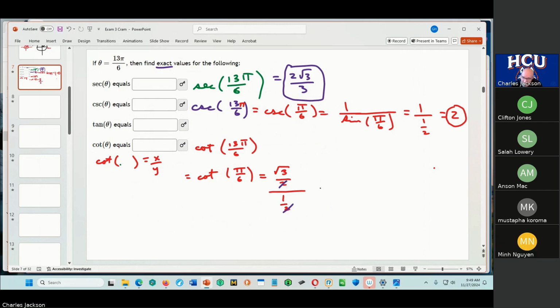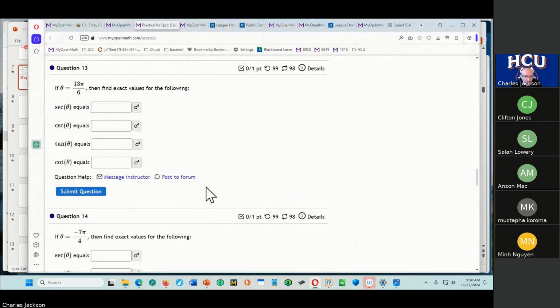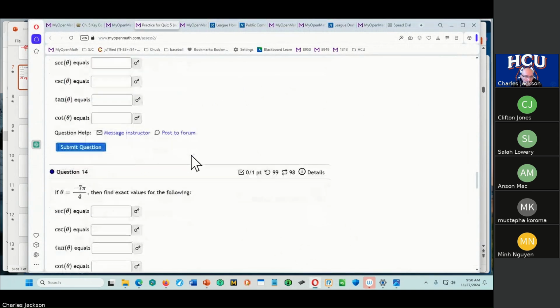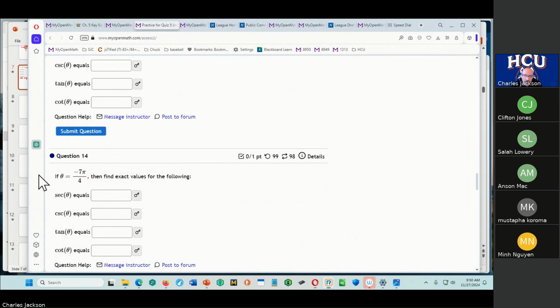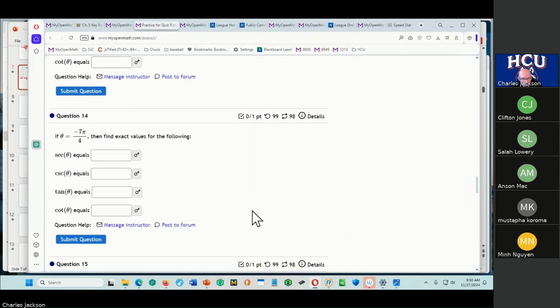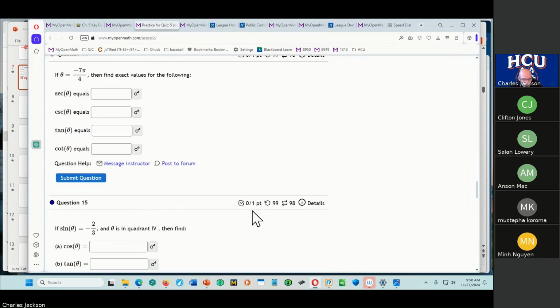So this is just square root of 3. Any question about that? So good to remember this stuff.